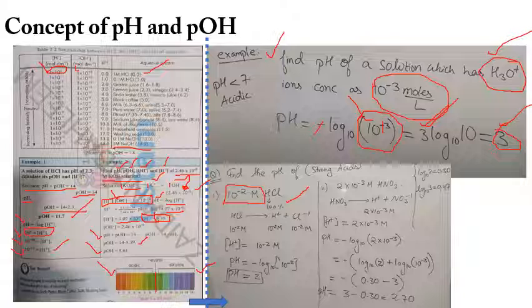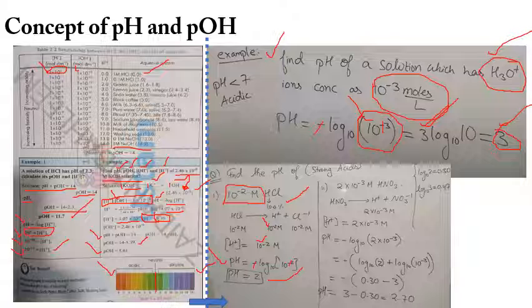When HCl dissociates, 10 power minus 2 ion will be produced. So the hydrogen ion concentration will be 10 power minus 2. Now the formula is pH equals minus log 10 power minus 2. Minus 2 will come before log, so minus multiply minus 2. And multiply log 10 power 10, which is 1, so pH will be 2.